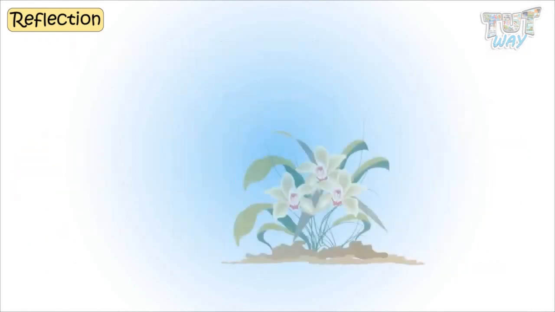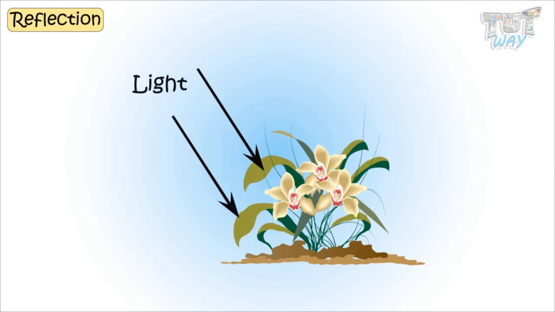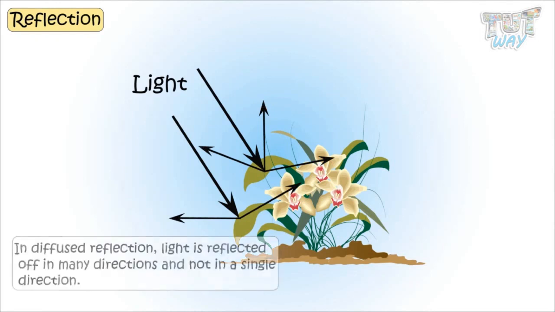And in case the surface of the object is not very smooth or it is rough, it absorbs some light and some is reflected off, and the reflection is in the form of diffuse reflection. Light is reflected off in many directions and not in a single direction.